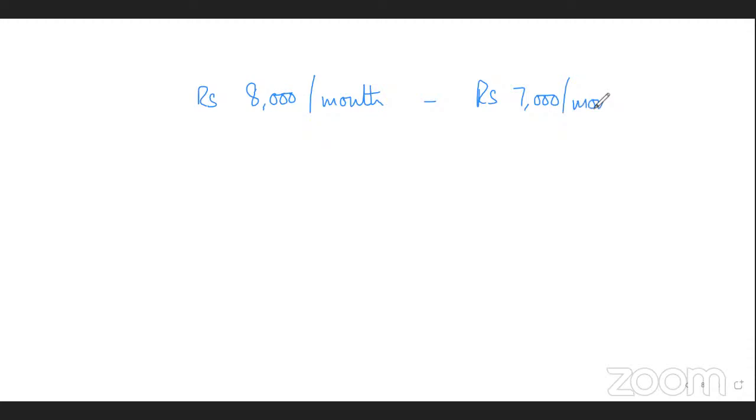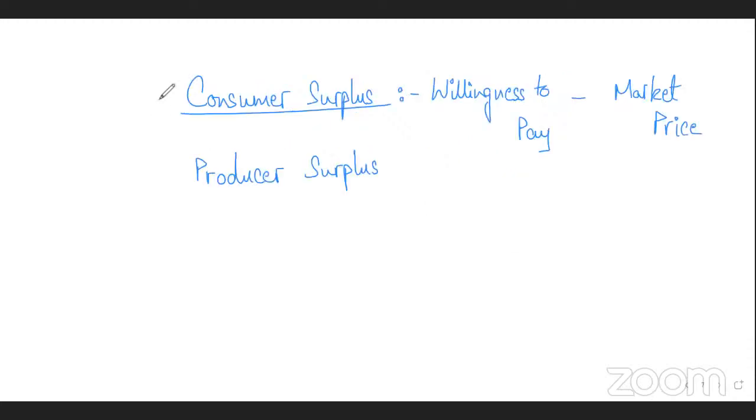The difference between the two: this was the willingness to pay, WTP, and this is the market price, MP, let's say 7,000. So that student has saved 1,000 rupees per month. Yes or no? 1,000 consumer surplus, right? So we call consumer surplus the benefit that consumers get from their participation in the market. It's a financial benefit. You saved 1,000 rupees because the market price was lower than your willingness to pay. So you can use this 1,000 rupees on some other product, whichever product you want to buy.